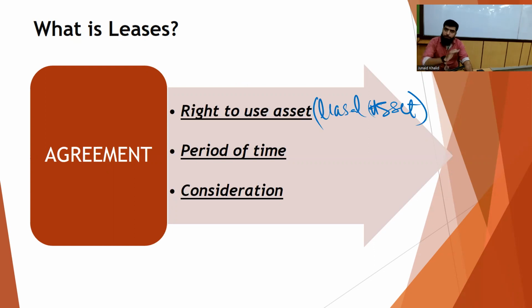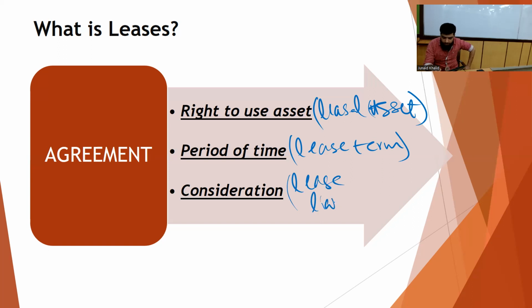Number two, the period of time we will represent with the term lease term. In later questions we'll call this term the lease term. And the consideration will be known as a lease liability.